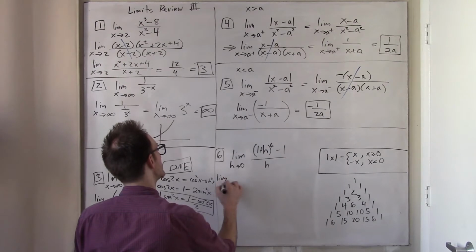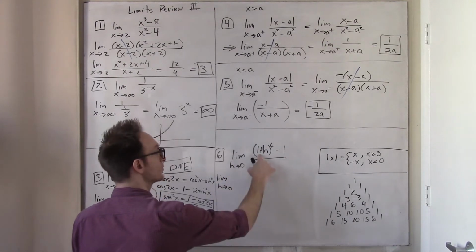So this becomes the limit as h goes to 0 of, what is 1 plus h to the 6th?